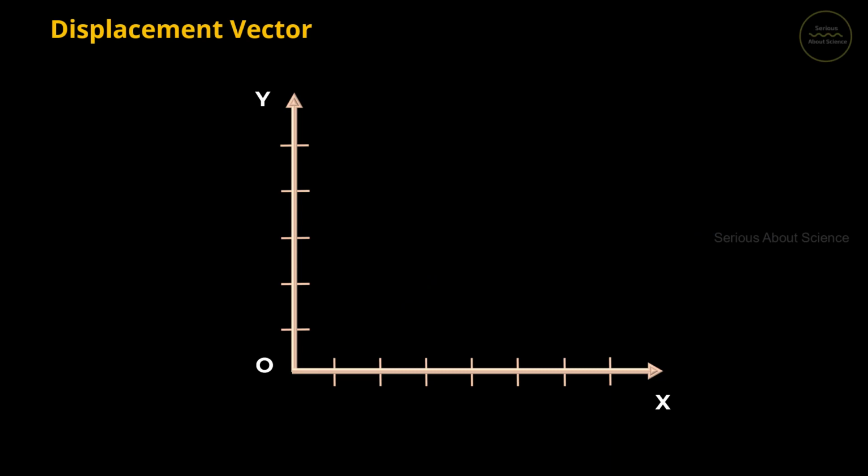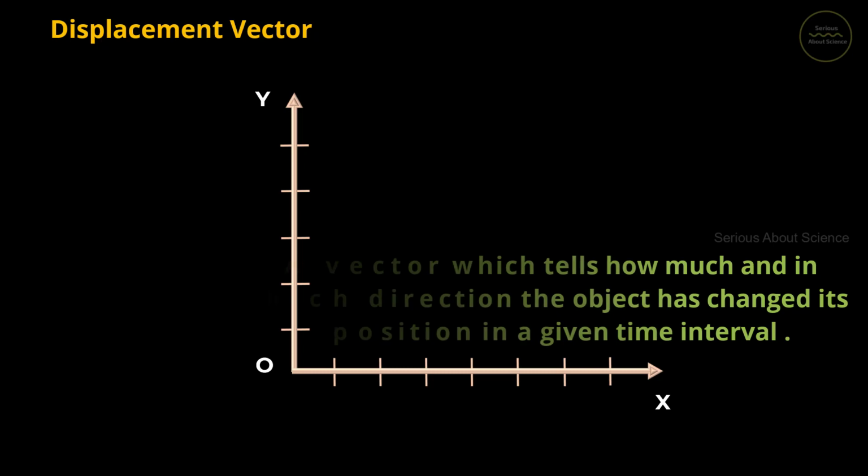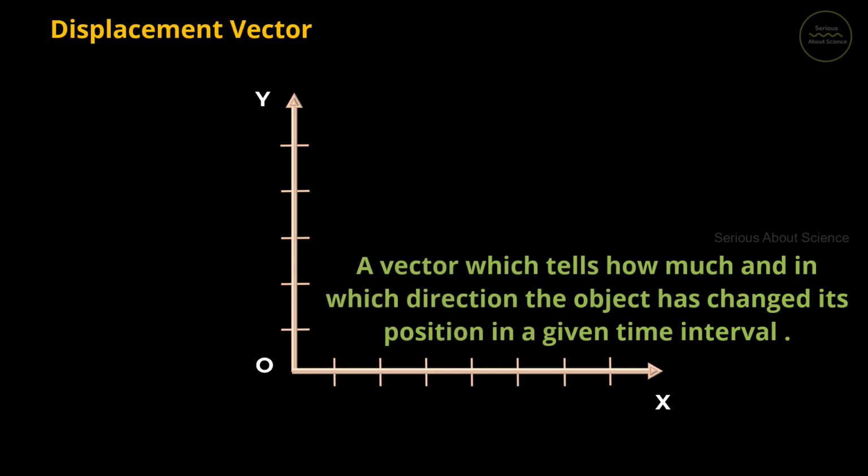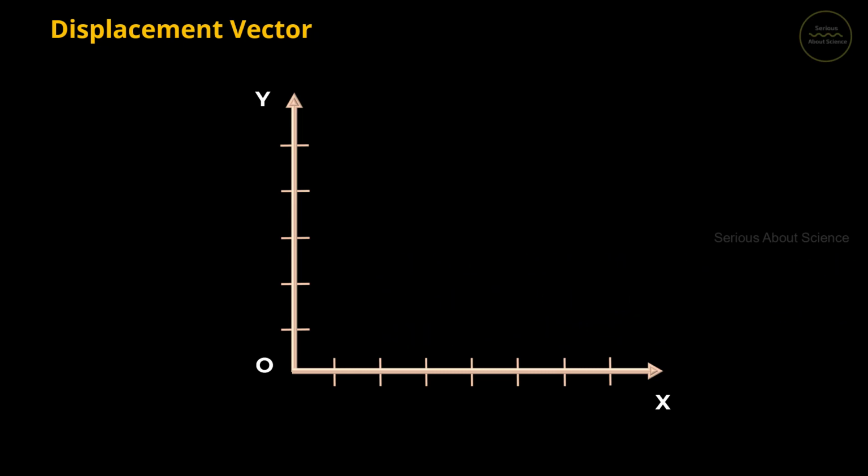Displacement vector is a vector that tells how much and in which direction the object has changed its position in a given time interval. For example, consider the position of a particle at time t, and I can denote this position by capital letter P. Now if I draw a vector from the origin to this point, we will get the position vector, that is OP. Now if this particle undergoes a displacement for time delta t, the new position will be this one. And I can denote this particular position as P dash.